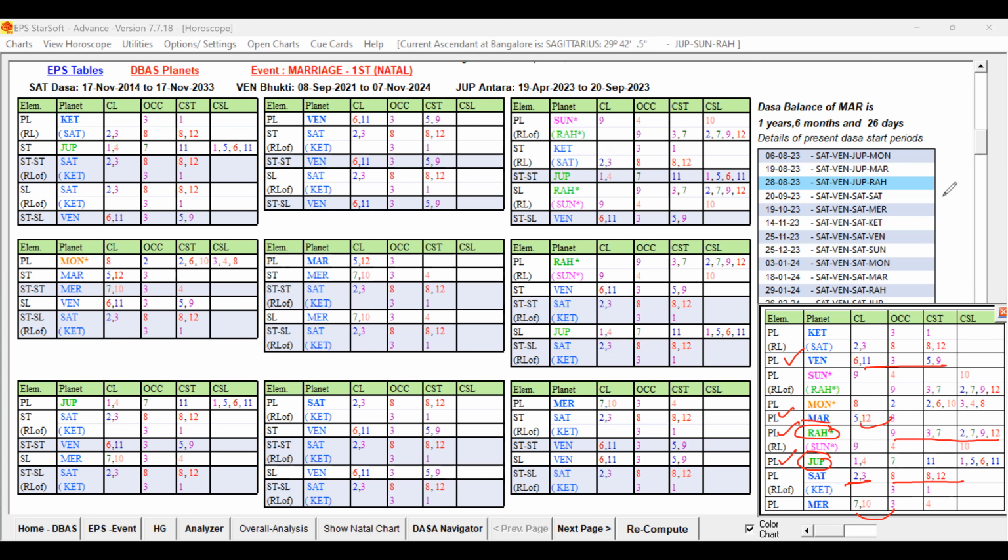So in that case, we can see Rahu, Jupiter, then Venus and Mars. Then comes Mercury and Saturn. This is the order of key planet strength.